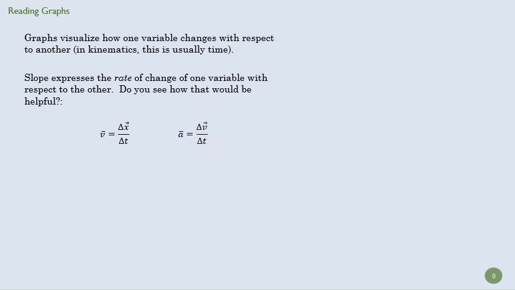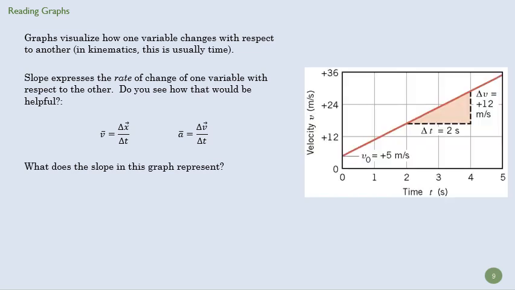Well, slope is the rate of change of something. So if we look at a plot of position and we look at the slope, we're getting the rate of change of position, and that's going to give us our velocity. This is a lot easier to see visually, so let's move on and look at our plot here.